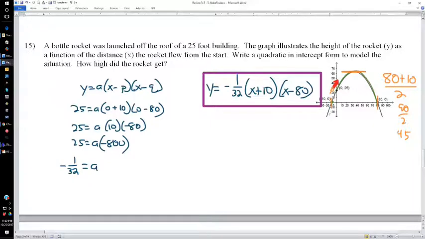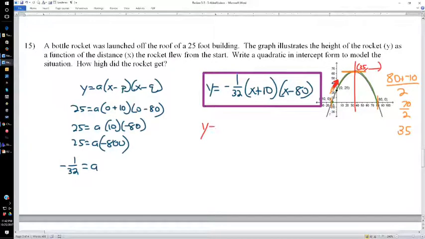No, that's not right. It's 80 plus negative 10. Silly. Divided by 2, which is 70 divided by 2, which is 35. Not 30, 35. So my axis of symmetry is right here at x equals 35. I can use that to find my y.